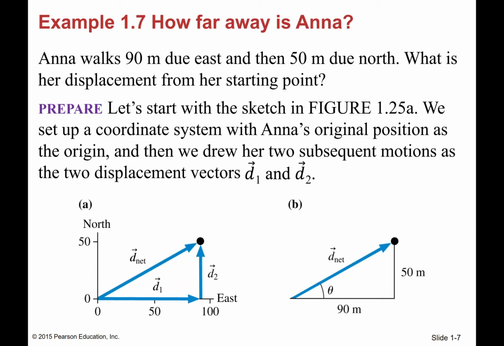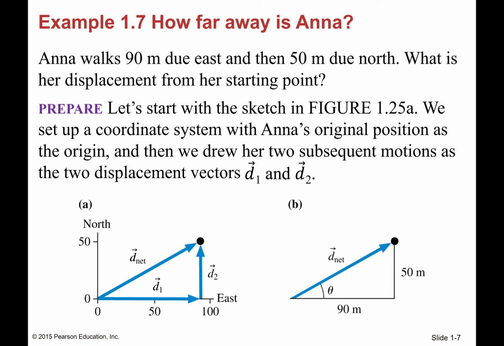One more example. We are being asked how far Anna is. She walks 90 meters east and then 50 meters north. What is her displacement from the starting point? The first thing when we solve a problem is that we prepare the problem. So we have to draw a coordinate system. Here we have east and north for our coordinate system, and we have markers for the distances.